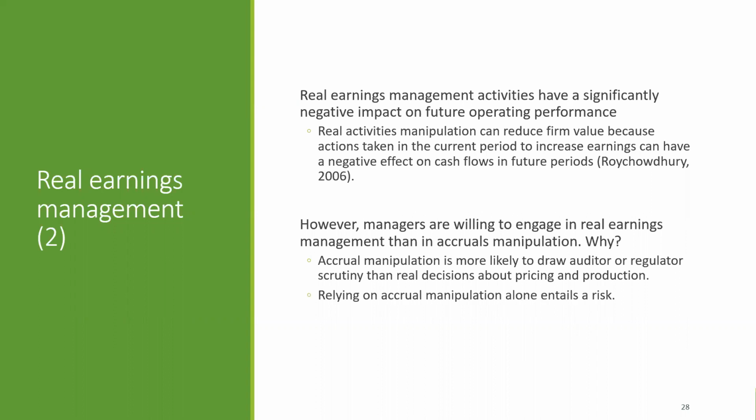Relying on accruals also is risky because there are limits to how much you can manage earnings solely through accruals. Accrual based earnings management is almost done. It's very rare to find evidence of it on an ongoing basis now, but from time to time companies will still do it, right? As a one off, you will still find companies do it.